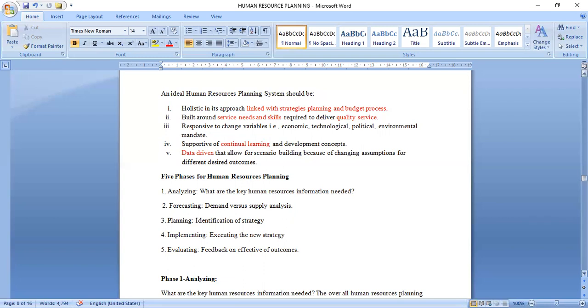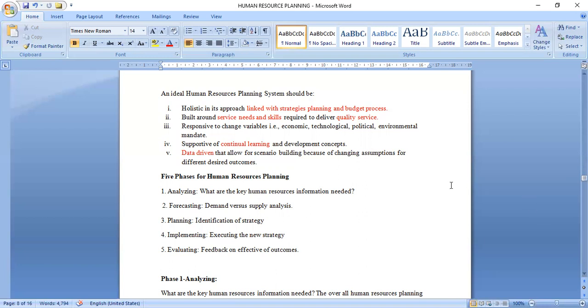Of course, you cannot plan beyond the amount of money that you have as a business or as an organization. As you are planning, you plan in line with your budget. As these organizations are carrying out the human resource planning, they should also consider their budgets or their pockets.